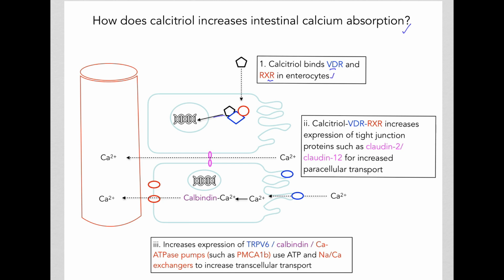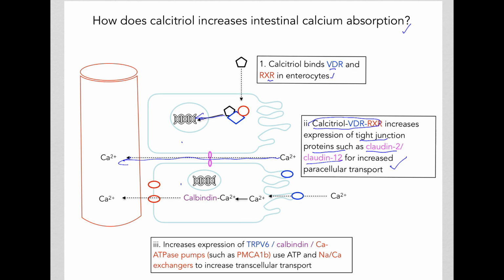This will then translocate to the nucleus of the enterocyte, and in the nucleus of the enterocyte, this complex will increase the expression of tight junction proteins that we talked about in the last video, such as claudin 2 and claudin 12. And this increase in claudin 2 and claudin 12 will increase paracellular transport of calcium between the enterocytes.